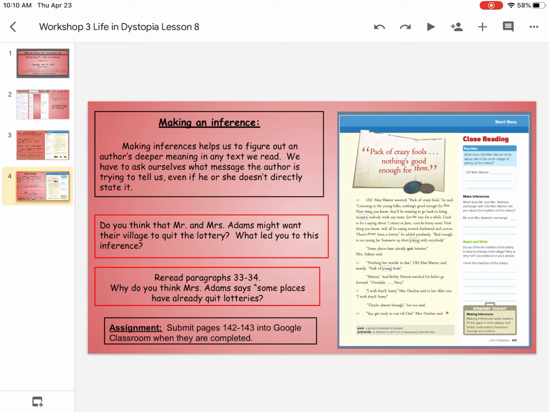So making inferences is sometimes a little harder. These are the kind of questions that you're asked, like, what do you think? And then we want you to base your answer on what conclusions you've been drawing, or those deeper thinking questions that we have to ask you.